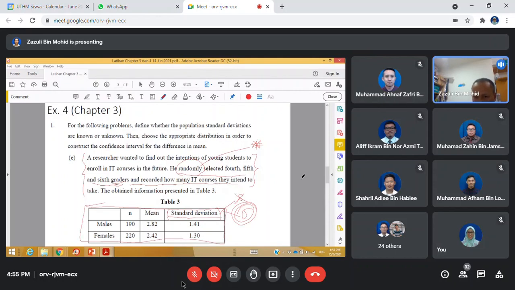So this one kita kena ambil dia sebagai populasi. The value here is a sigma. Ni ada trik sikit. Kalau you selalu nampak soalan ni akan faham. It doesn't show any sample value.